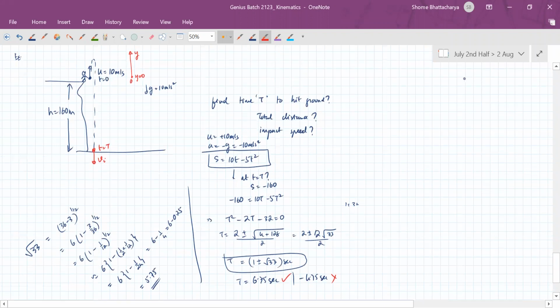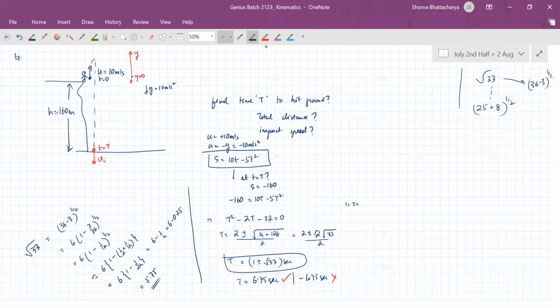So, when you have some odd number like this, consider the closest one, which is a whole square. So one way is you can write it as 25 plus 8. Okay. Or you can write it as 36 minus 3. Even this will give you a reasonably accurate answer. So let's try this, for example. Here I can write this as 5 into 1 plus 8 by 25 to the power half.